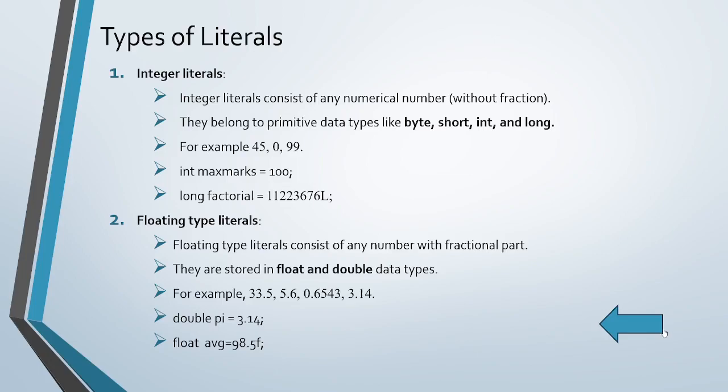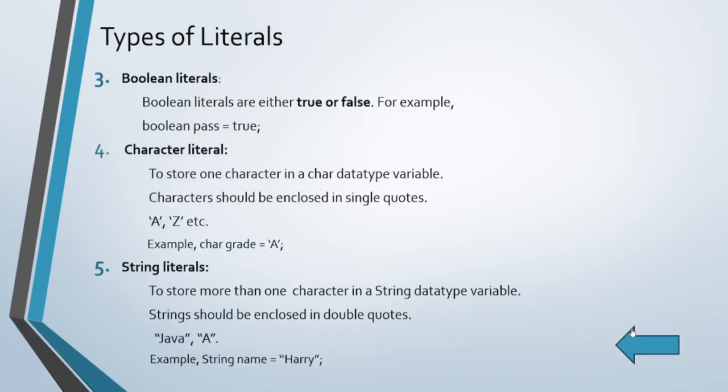Boolean literals store either true or false, only two possible values. Now, boolean pass = true or boolean pass = false. Then the fourth type is character literal, which stores only one character, and char is the data type.